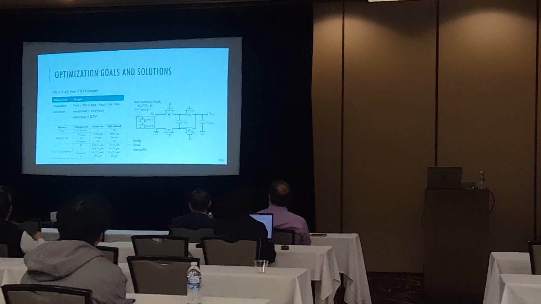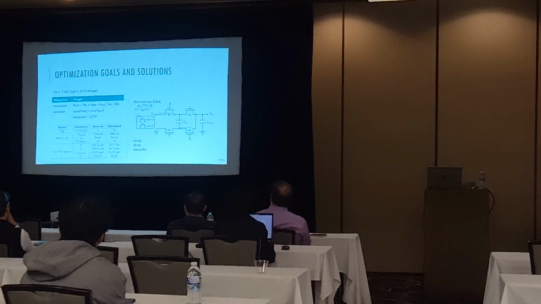When you are designing an IVR, you have 2 main goals. There could be some more goals, but the goals that we consider in this work are 2. The first is the efficiency: we're going to maximize the power coming out over the power going in.